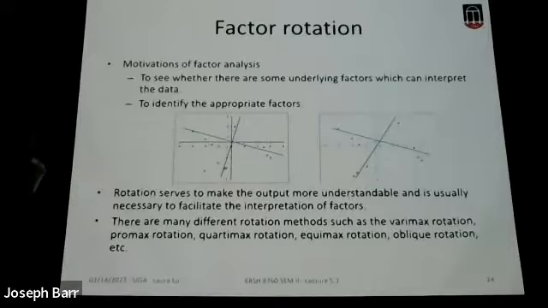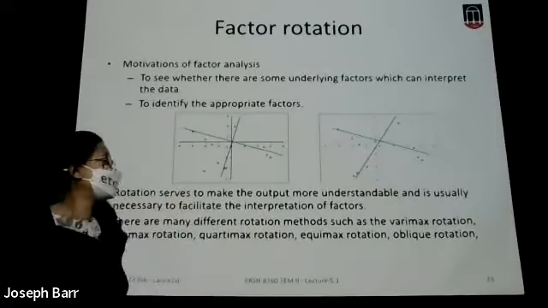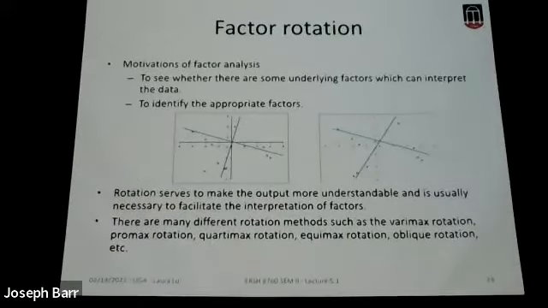For each type of rotation, they have different rules, such as maximizing a sum value or minimizing a sum value, trying to make the factors look better. Rotation serves to make the output more understandable and is usually necessary to facilitate the interpretation of factors.